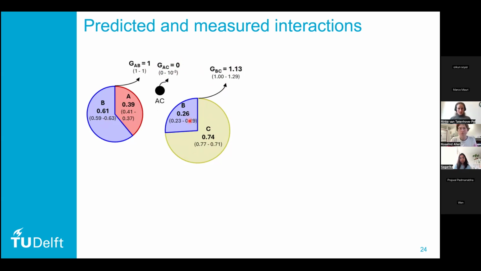So what does this now mean? This means that if we have A and B, they both grow. If we have A and C, there is no growth, so there's no interaction between these two. If we have B and C together, then basically mostly C is growing.